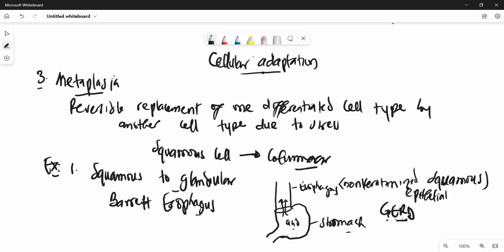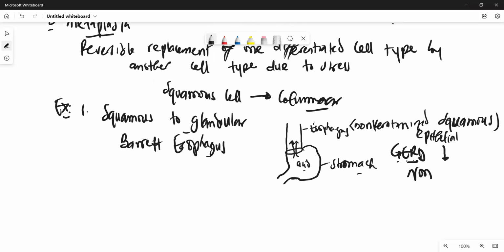That would change this lining from non-keratinized squamous cell epithelia into non-ciliated mucin producing columnar cells.